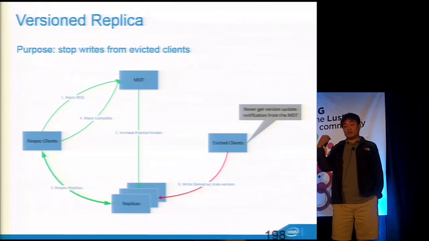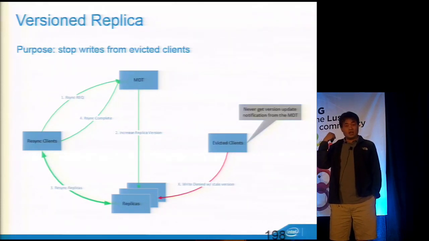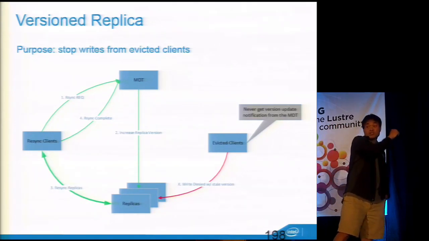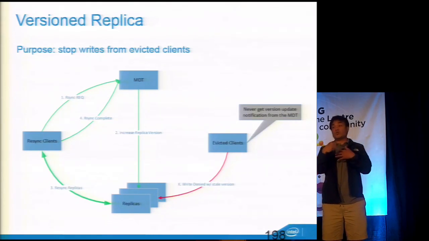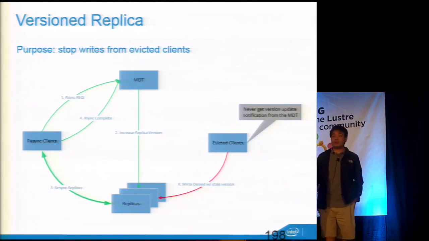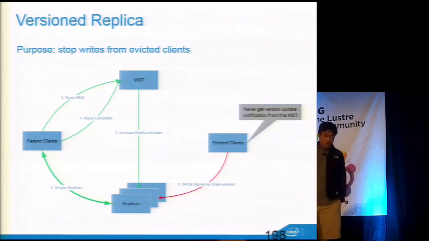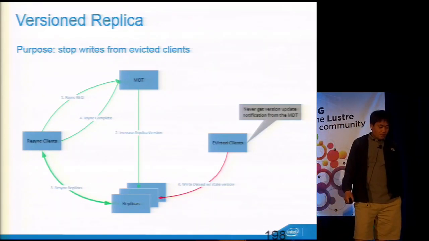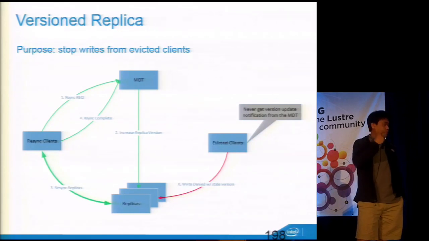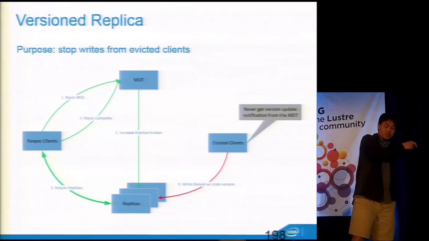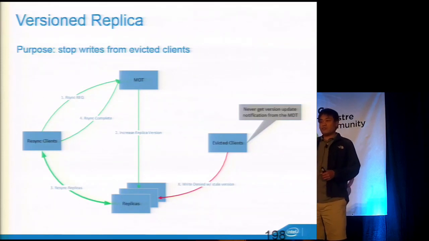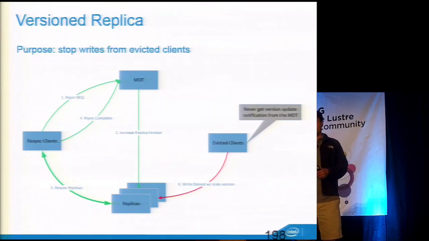So it uses an old version number to try to write the new replicated file, and the OST will simply deny the write request. Another benefit is that we can revisit the feature of SysOMDS and make it work like this, really easy.